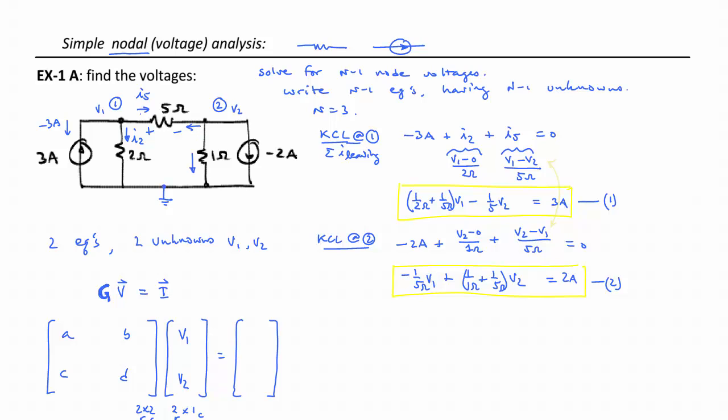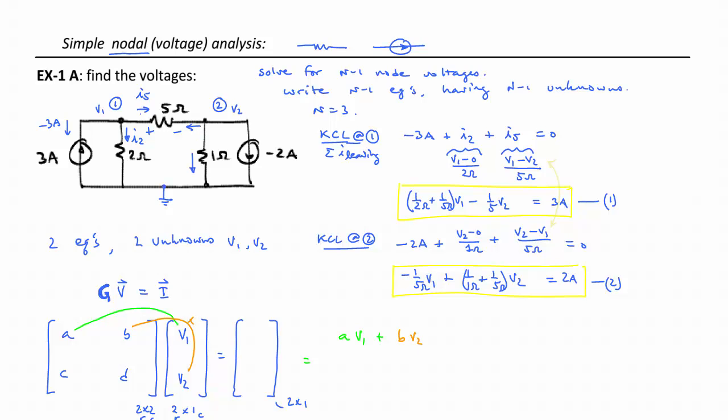You'll end up with a 2 by 1, which is good because that's what we have over here, a 2 by 1. And the way you multiply it is you take A times V1. So let me write this out. We'll have A times V1 plus B times V2.